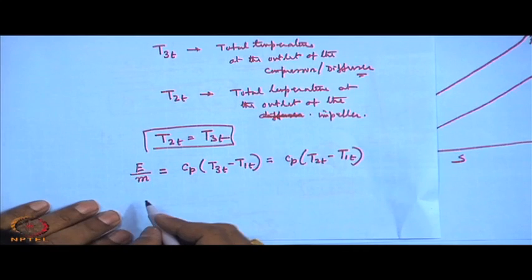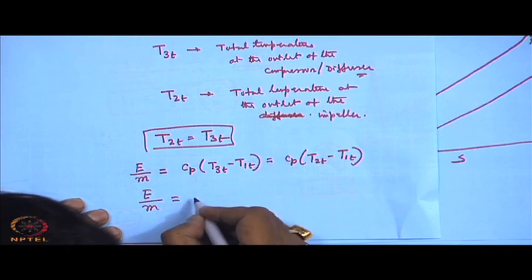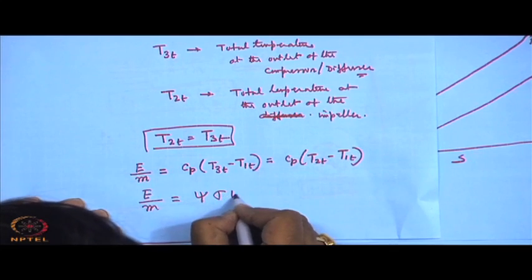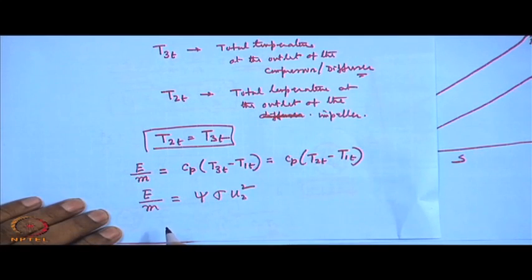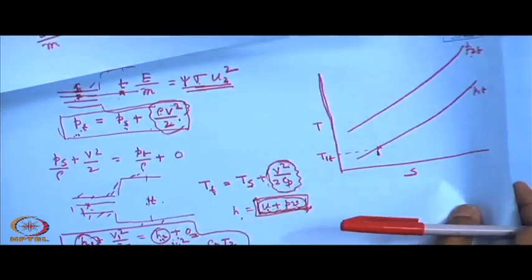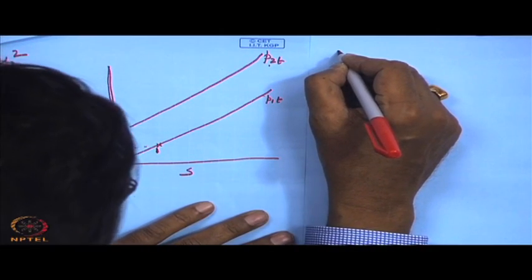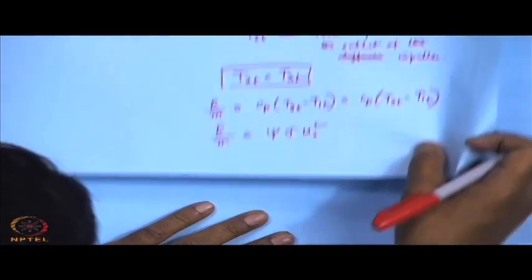Now this becomes equal to what? Again, E by M we have is equal to psi sigma U2 square. We will come to this afterwards. Before that I will do something here, that we ultimately get E by M is what? Now, here E by M is what?